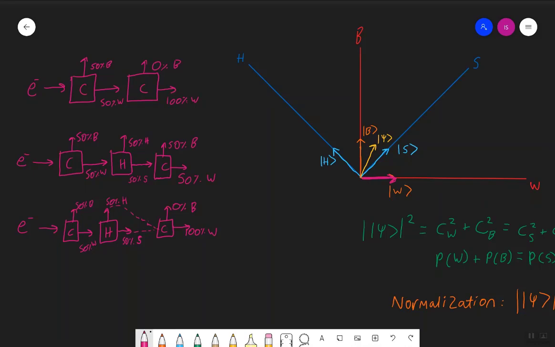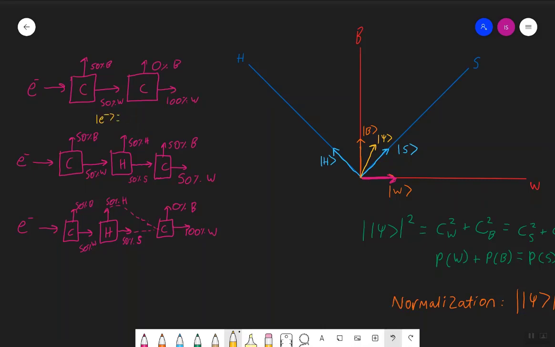So the probability of being white is 1. If we write out the state of the electron once we measure it, it would literally just be the white unit vector. So the coefficient squared would be 1.